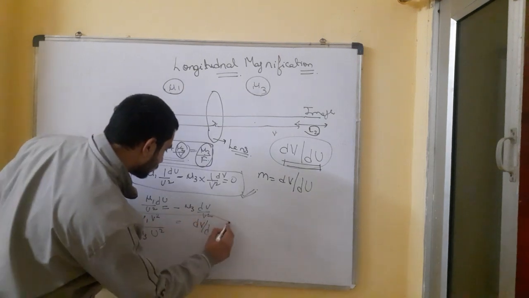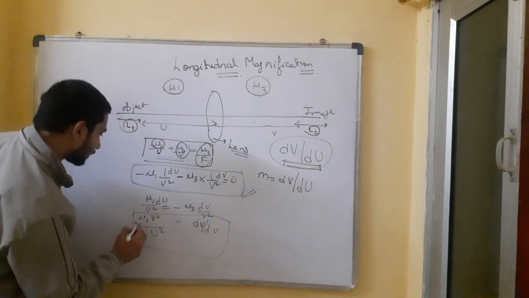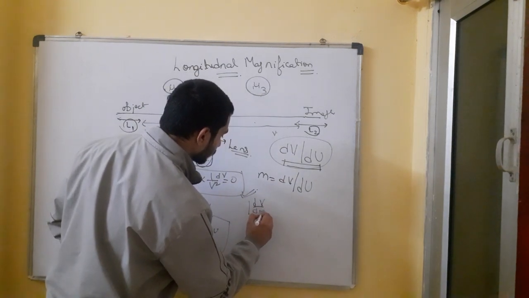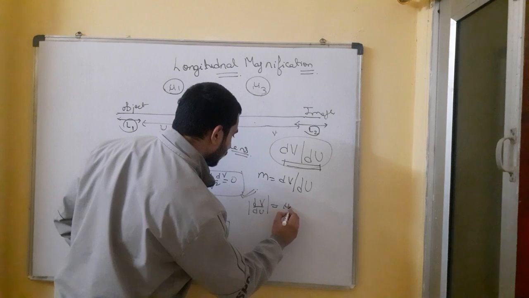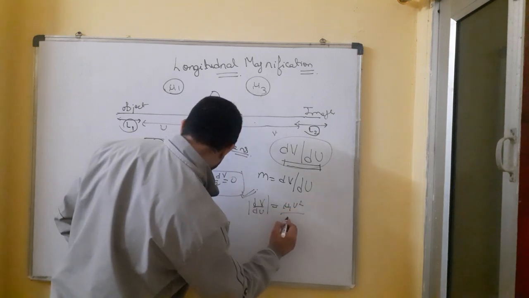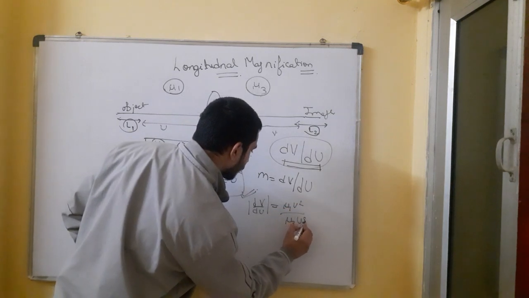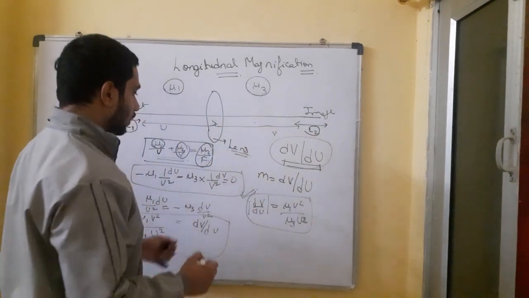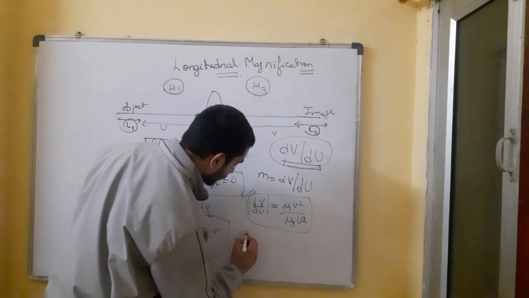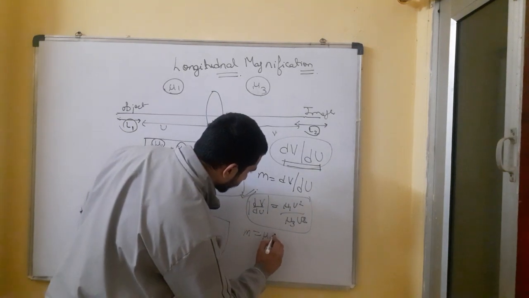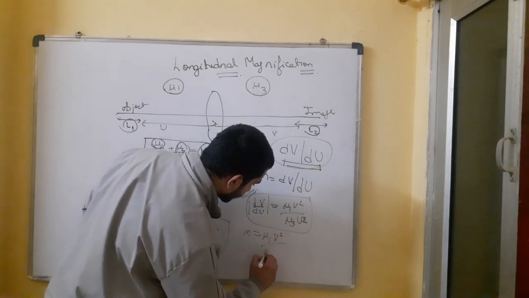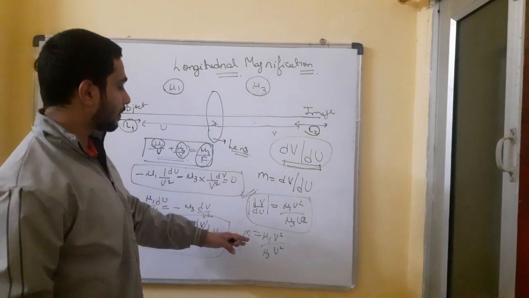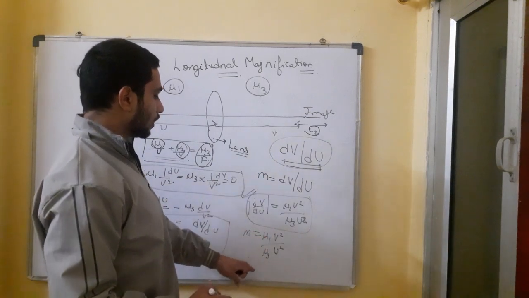So this we will get with a minus sign, or mod of dv by du is equal to μ1 v square upon μ3 u square. So this will be our answer for the magnification factor. m will be μ1 v square upon μ3 u square. So the magnification factor will be m1 is equal to μ1 v square upon μ3 u square.